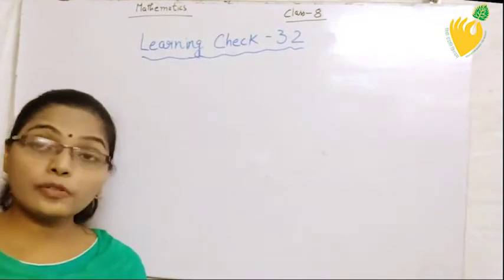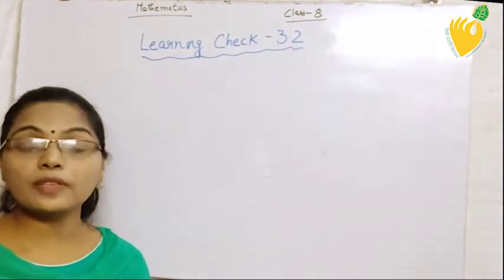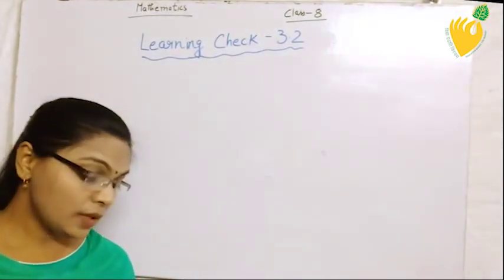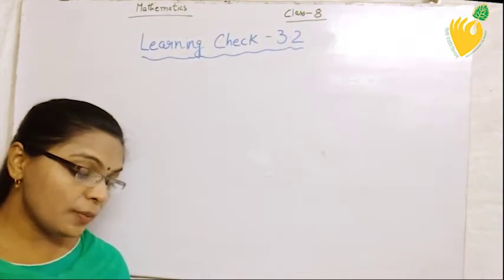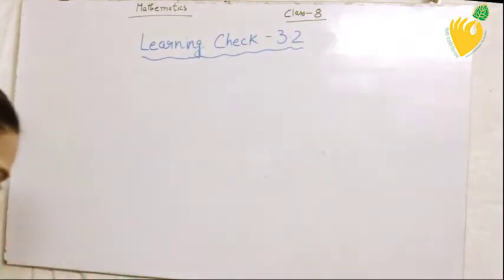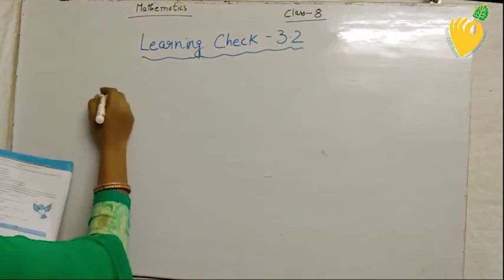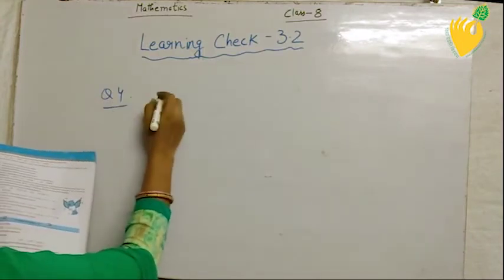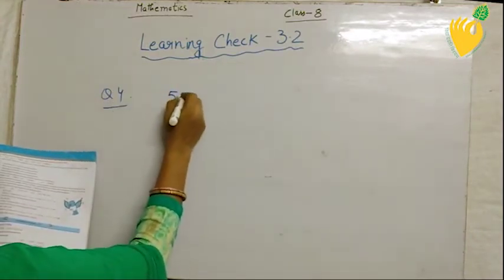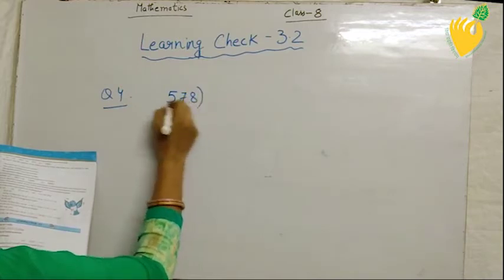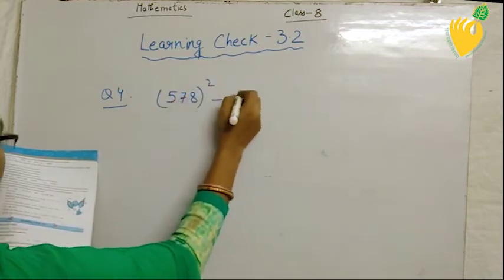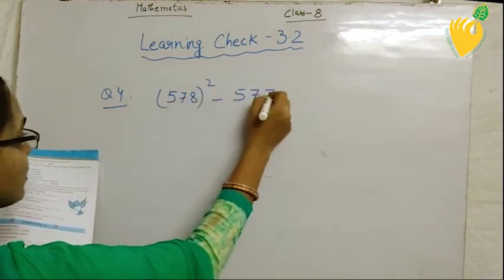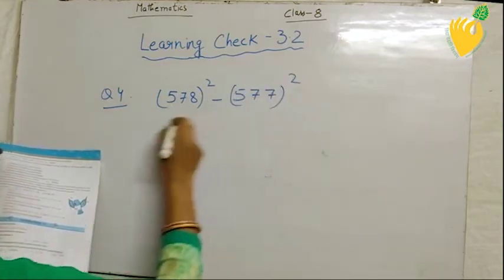Similarly, students, the next question is also based on one of the properties of the square of natural numbers. Using the property, evaluate, that is question number 4: 578 square minus 577 square.